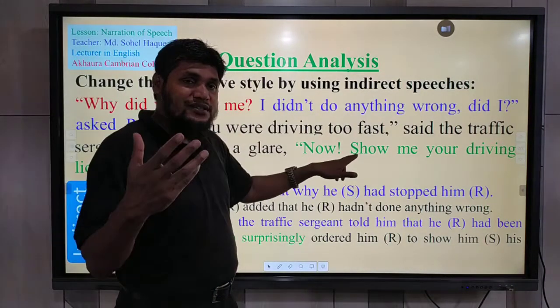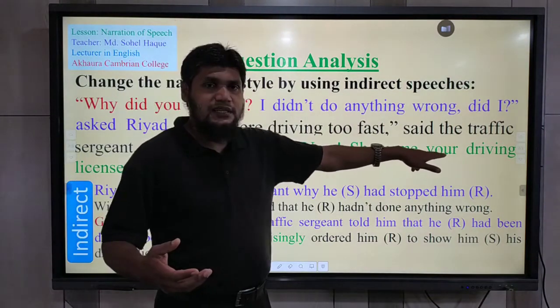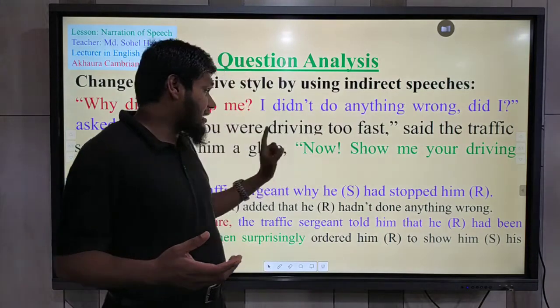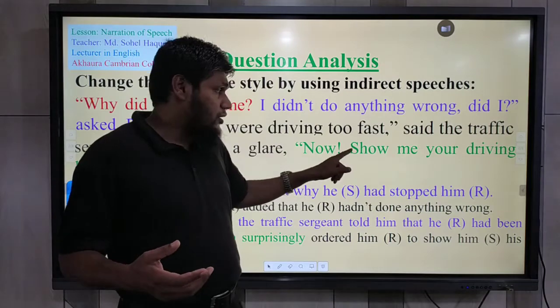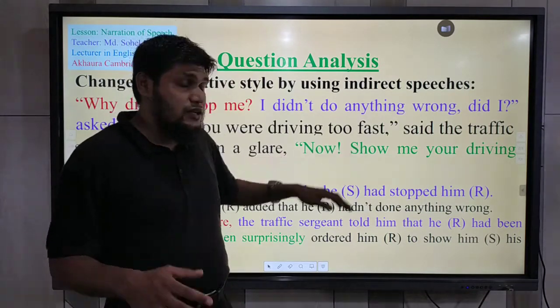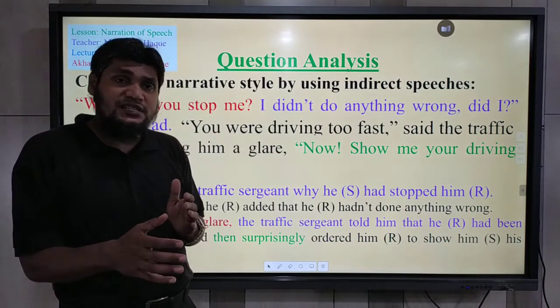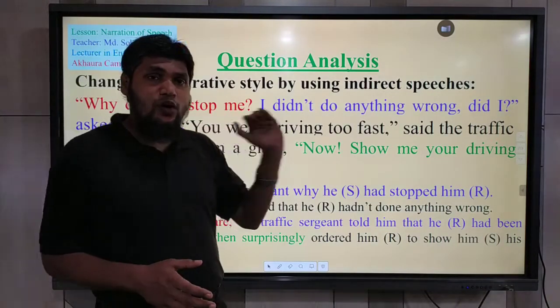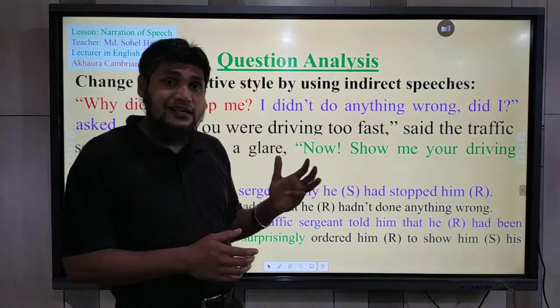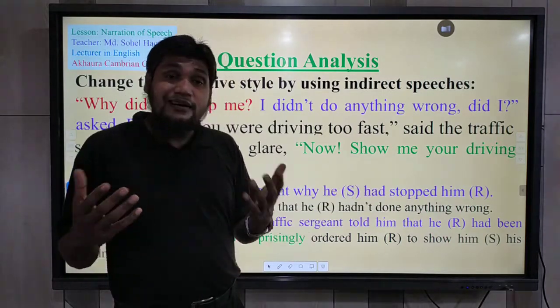There is no subject. It's an imperative sentence, and the traffic sergeant says it to Riyadh. That means the traffic sergeant ordered Riyadh to show his driving license.